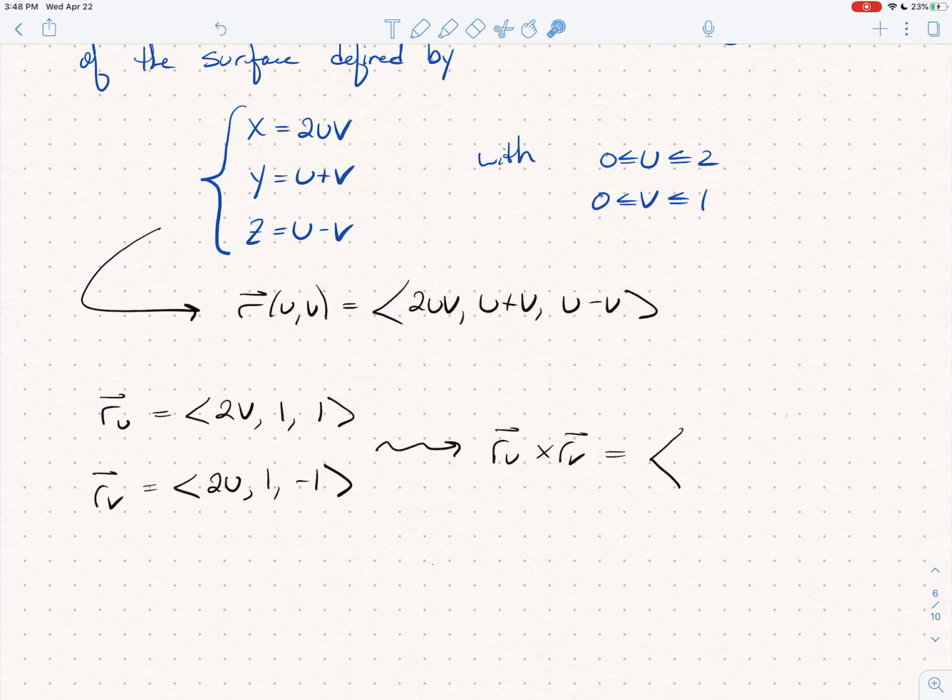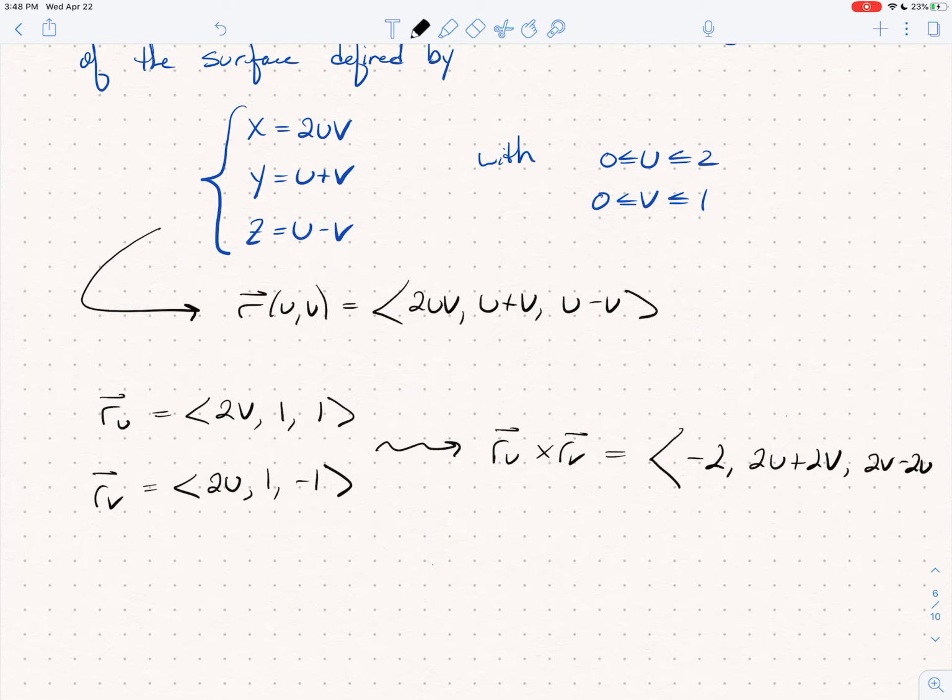So let's do it together. I'm going to get minus 1 minus 1, which is negative 2. Then I'm going to get minus, and then it's going to be negative 2V minus 2U. So I'm going to take the negative of that and get 2U plus 2V. And for the last one, I'm going to get 2V minus 2U.